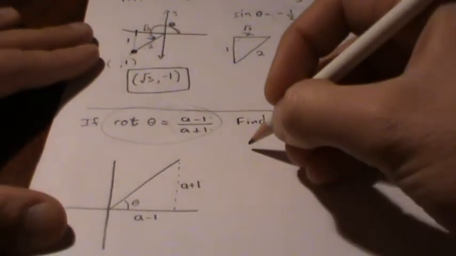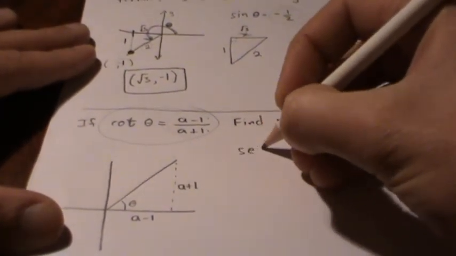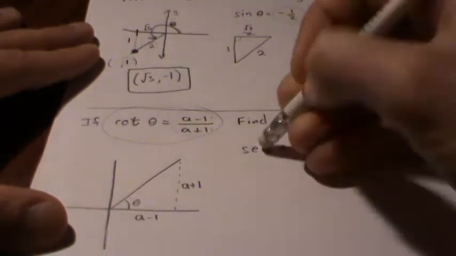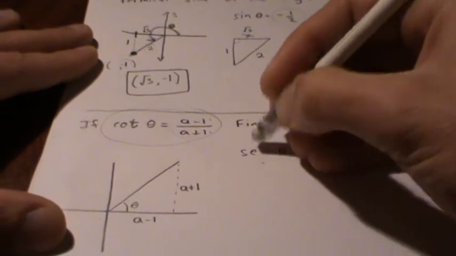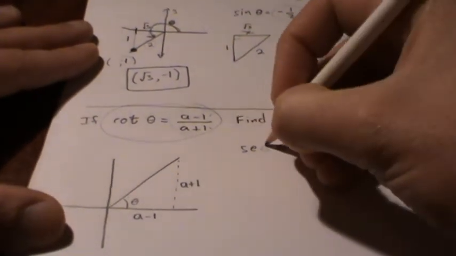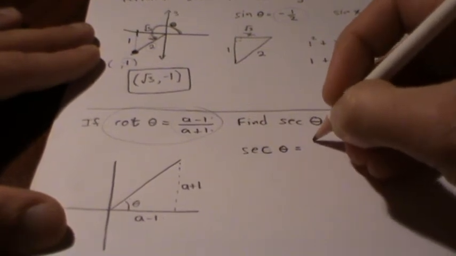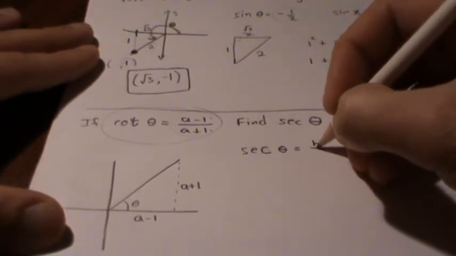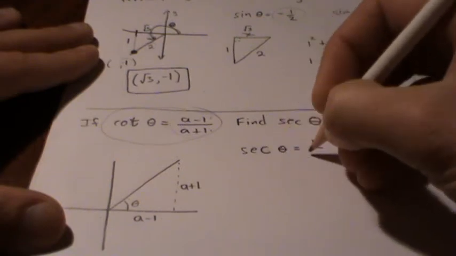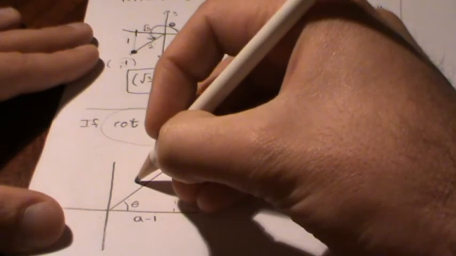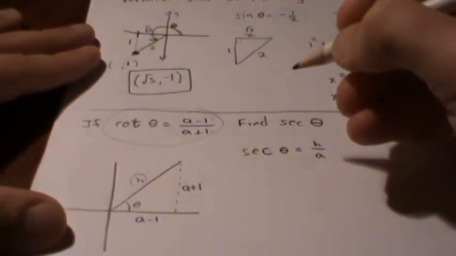Now I need to find the secant of the angle. Okay? And I know from definition that the secant of an angle is equal to the hypotenuse divided by the adjacent side. But unfortunately I don't know the hypotenuse.